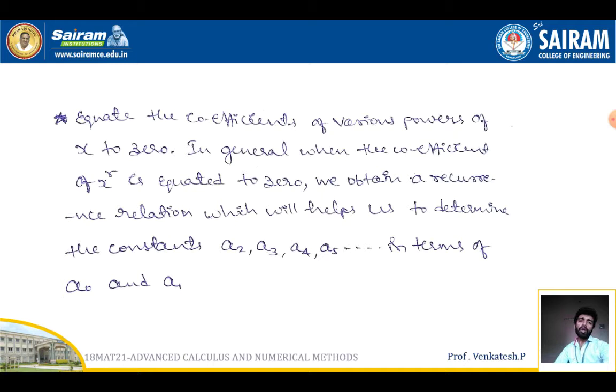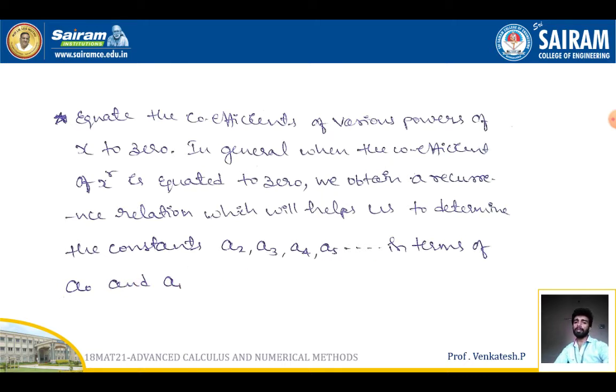In general, when the coefficient of x power r is equated to 0, we obtain the recurrence relation which will help us to find the constants a2, a3, a4, a5 in terms of a0 and a1. Once we equate the general coefficient of x power r to 0, we can find these constants in terms of a0 and a1.